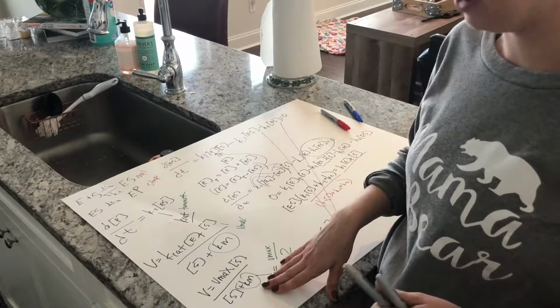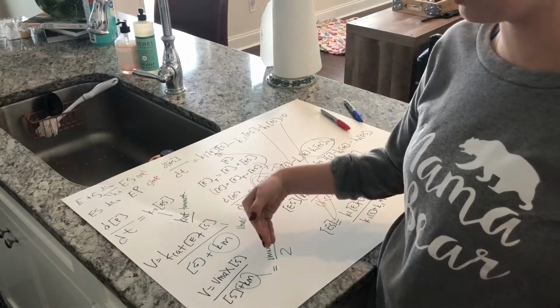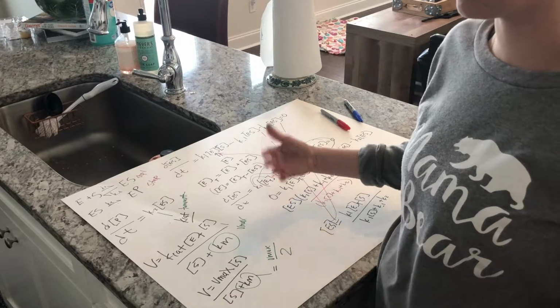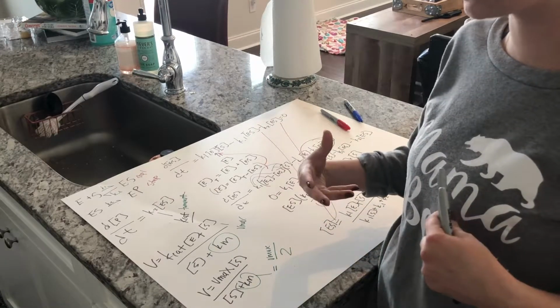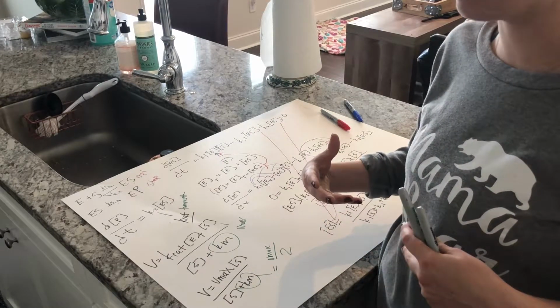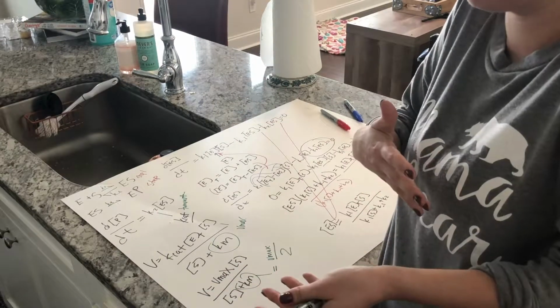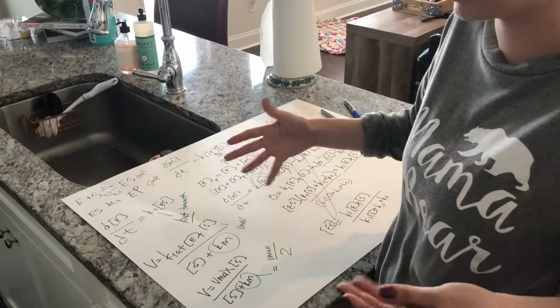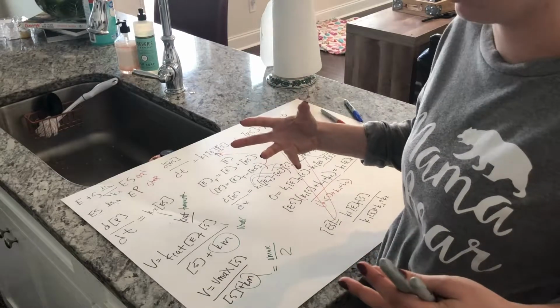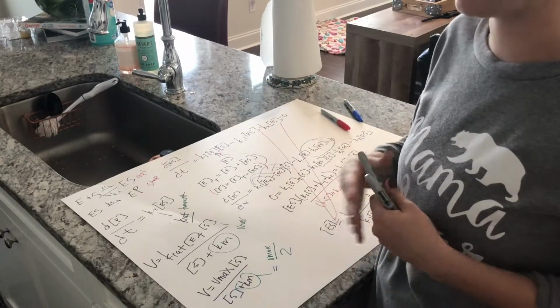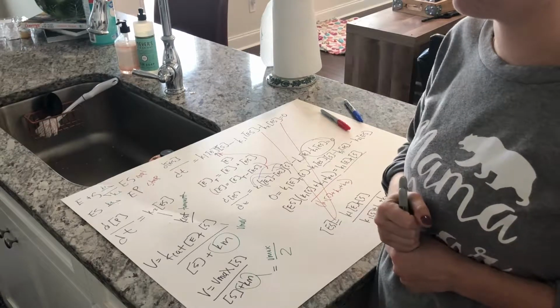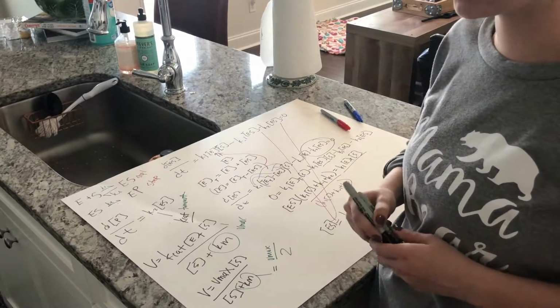If that Km is low, that means it's not a lot of saturation in the reaction, so it's going to have a high affinity. It's going to want to bind. If the Km is really high, that means there's not too much saturation going on. You're going to have a lower affinity for binding. So that relates to the reaction.